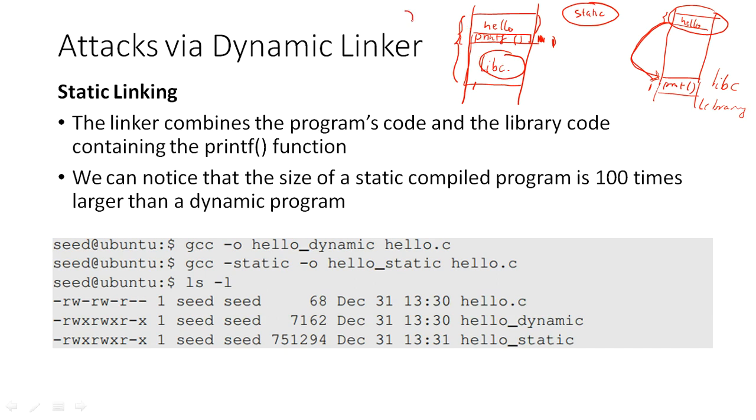That's why its size is so big, it's 700K. And in the dynamic situation we have only 7K, because the code of libc is located somewhere else in the memory. So this is not part of our binary program.